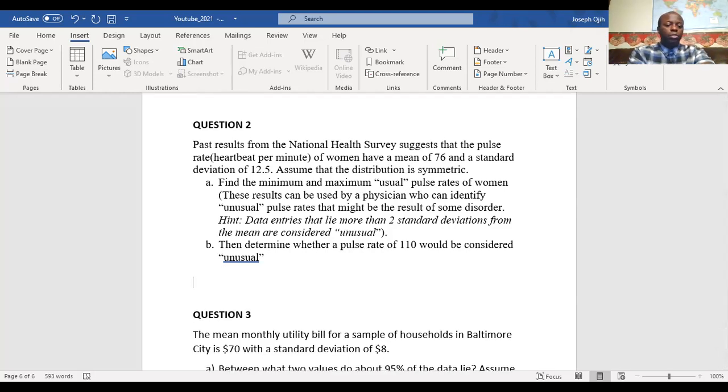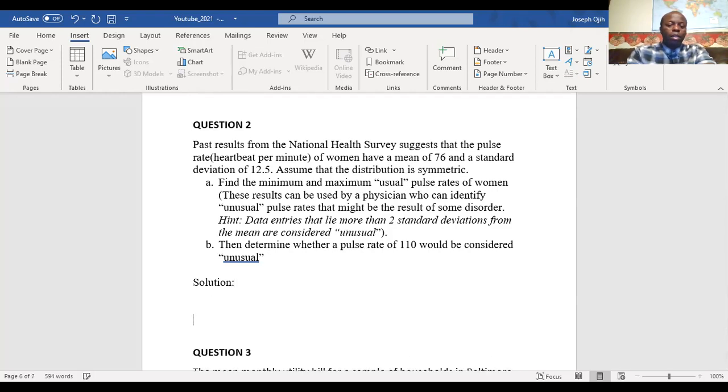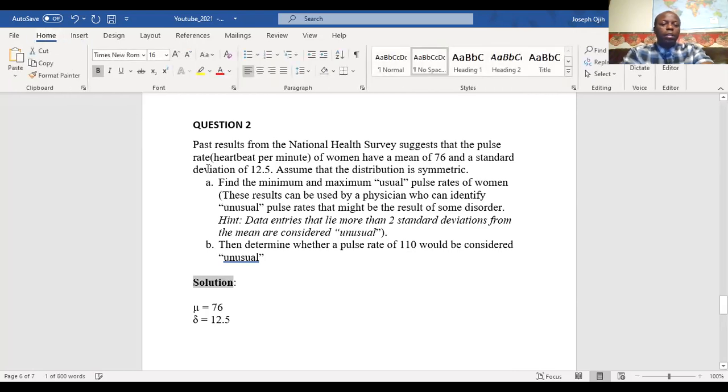Let's see. Solution. In this case, the mean is 76, and the standard deviation is 12.5 beats. So part A says find the maximum and minimum usual pulse rate for women.